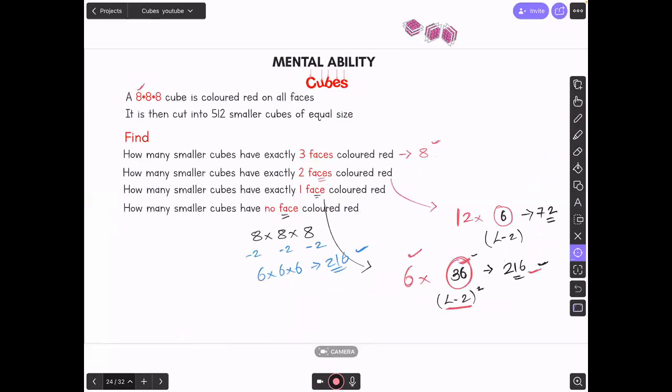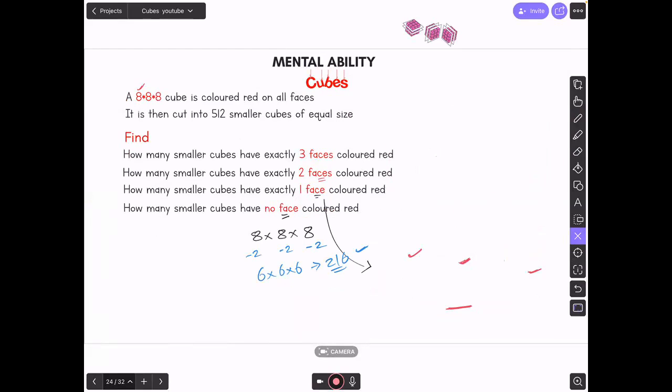Okay. The next question is this. Instead of a 6 centimeter, now I give you an 8 centimeter cube. All the questions are the same. Tell me the answer.